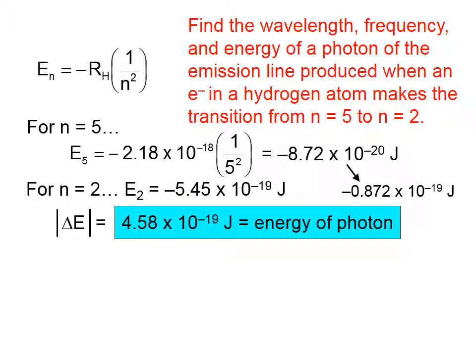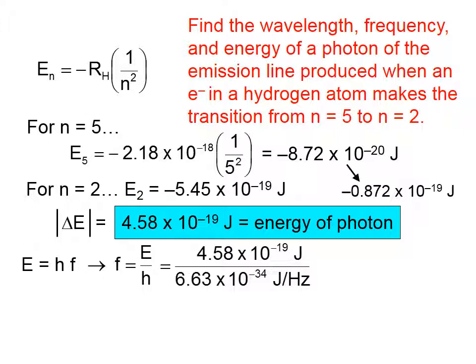And that, in fact, is the energy of the photon of light that is spit out of this hydrogen atom. The change in energy of the electron is exactly equal to the energy of the photon of light that comes out.